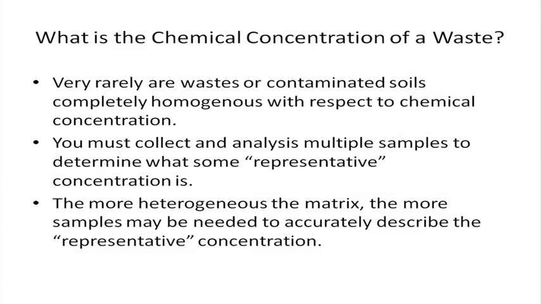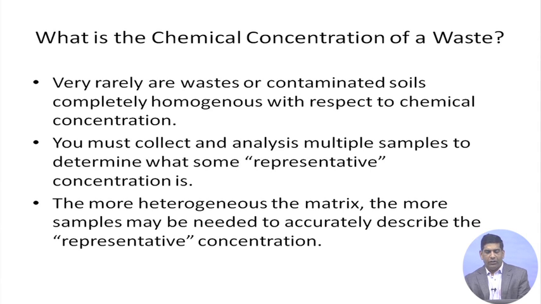So what is the chemical concentration of a waste? Very rarely is the waste or the contaminated soil completely homogeneous. If you think about water, probably it's better, but with waste, you very rarely see waste or contaminated soils completely homogeneous with respect to chemical concentration. So we must collect and analyze multiple samples to determine a representative concentration.